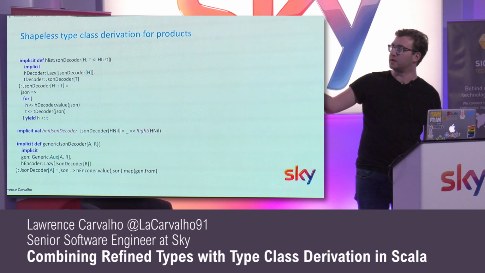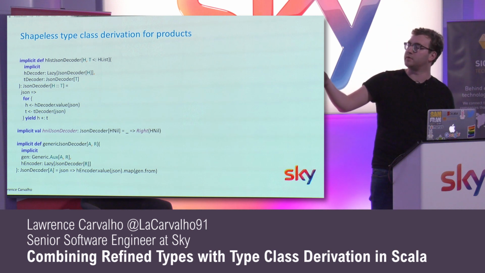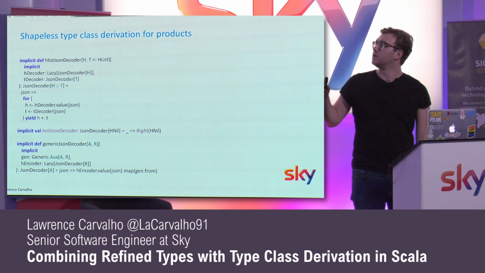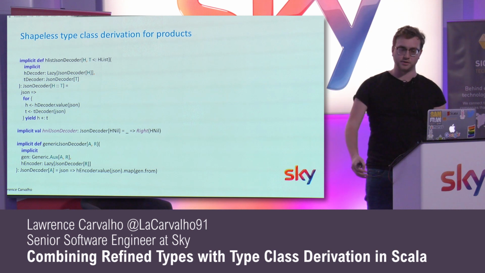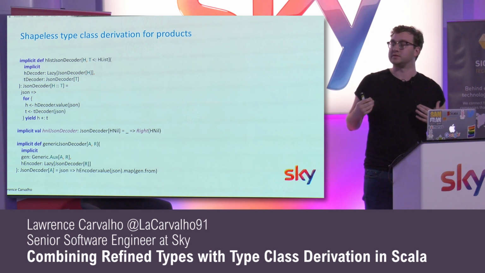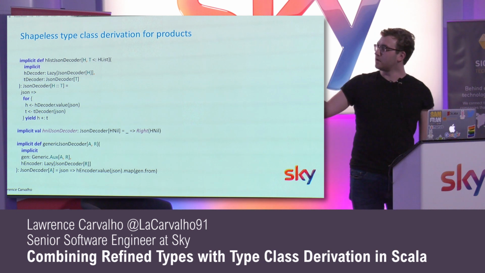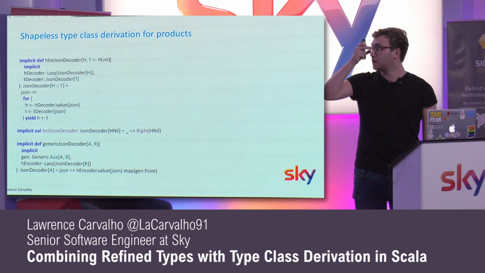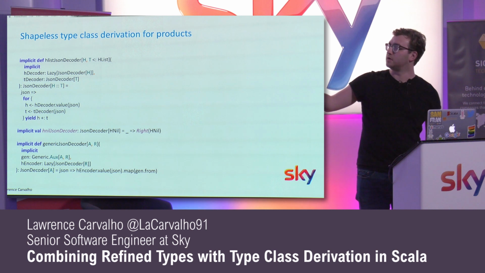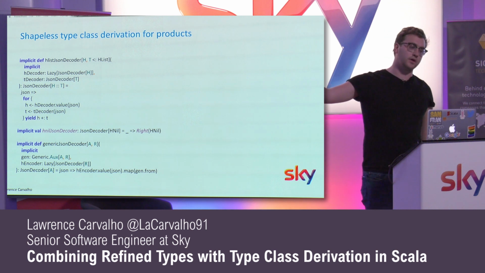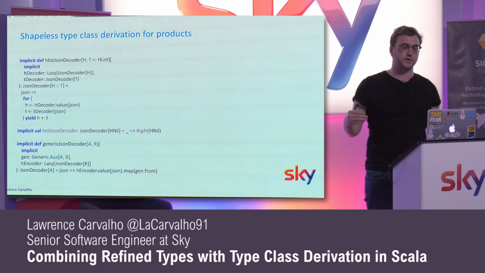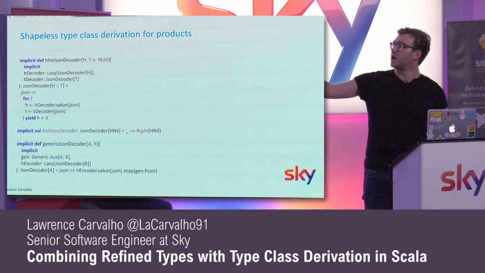So the instance at the bottom, I'll talk about the HNil in a minute, but the instance at the bottom is what actually applies this H list instance. So here at the bottom, I've got running the decoder from the head type, and then I'm calling this gen. So I've got a type class instance for Generic for my type in here, and I'm calling that.